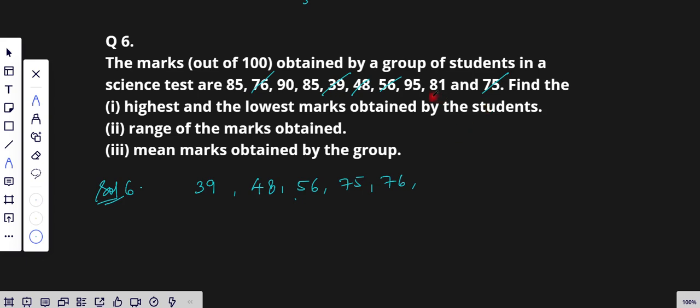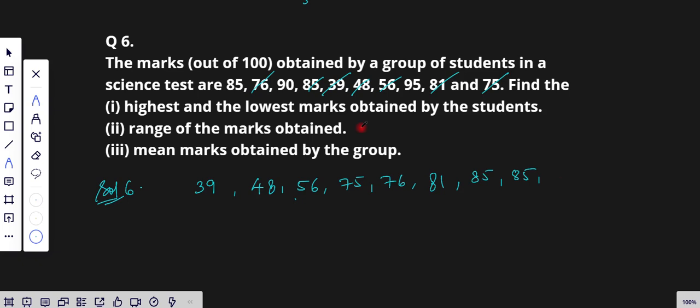Then 85, and you have 85 two times, so 85, 85, then 90 and then 95.